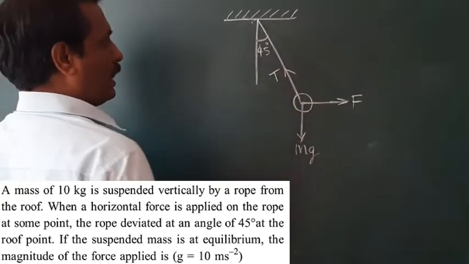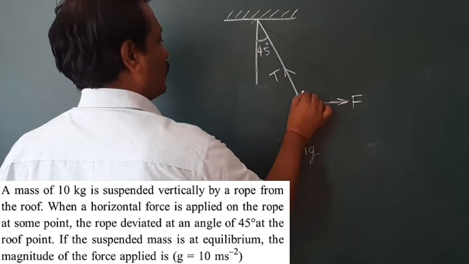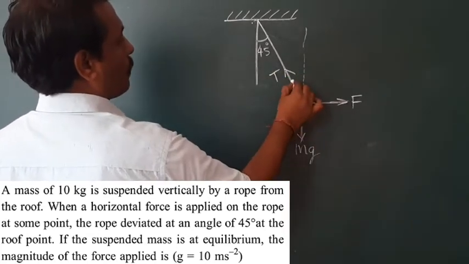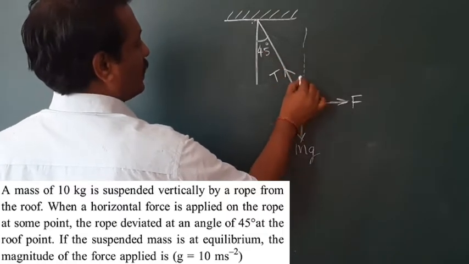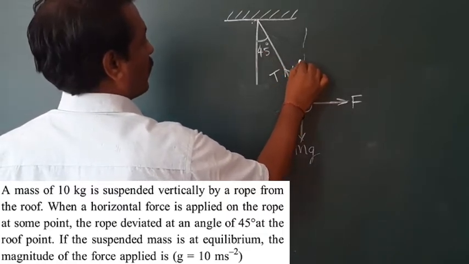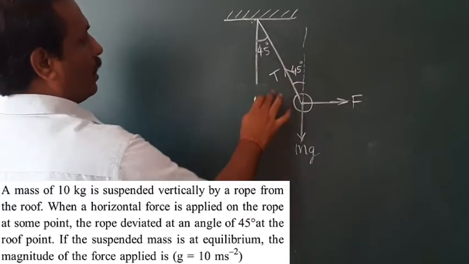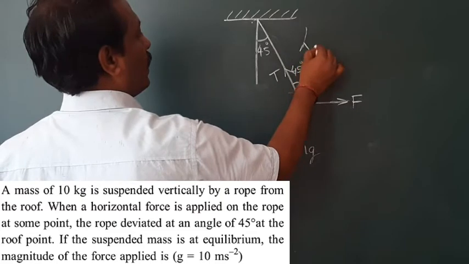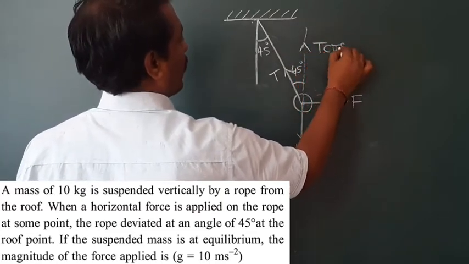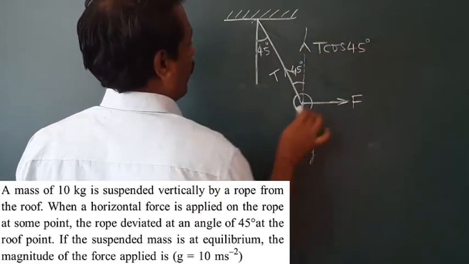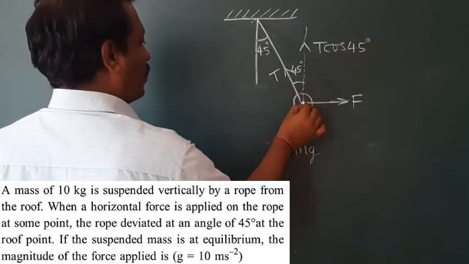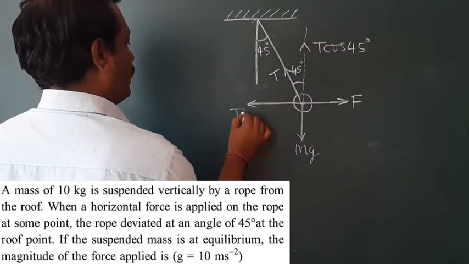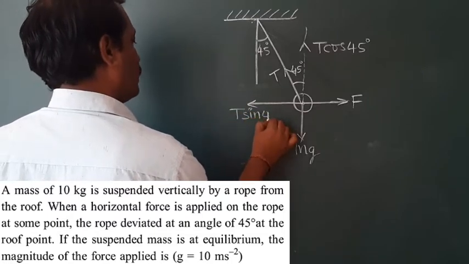Now this tension T can be resolved into two components. So here, this is a 45 degree, then this angle is also 45 degree because of alternate angles. Now the component of this T along the vertical will be T cos 45, and the component of T along the horizontal, in this direction, will be T sin 45.